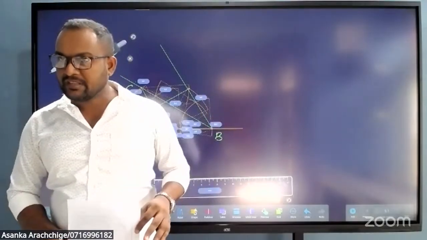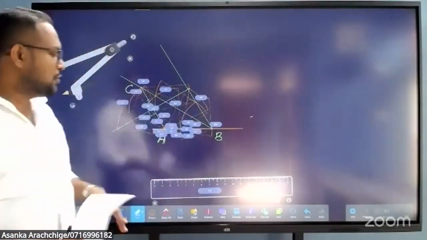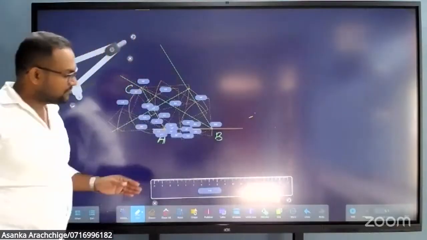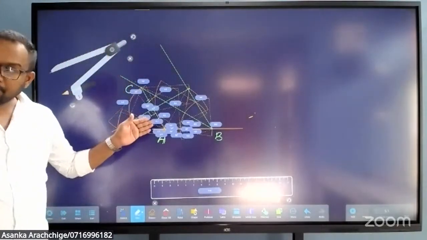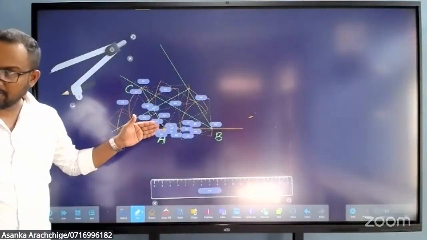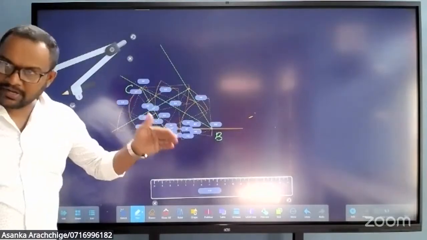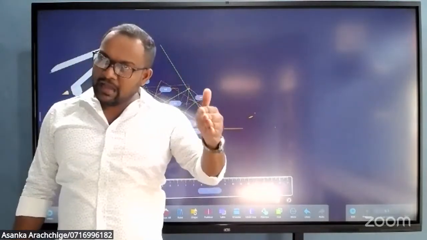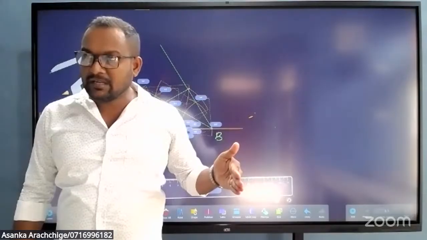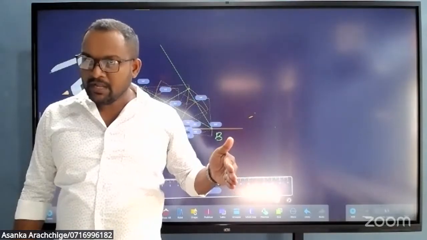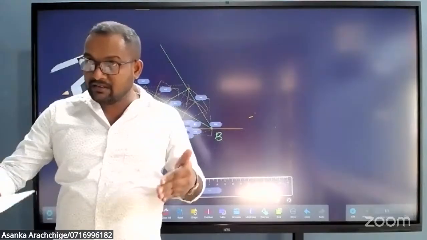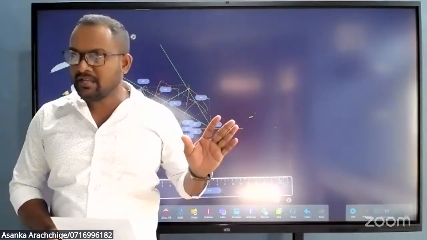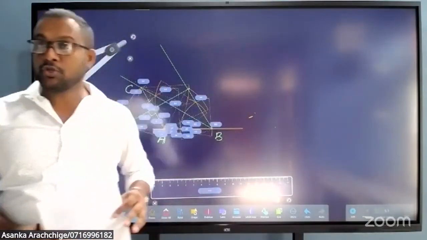Here I am going to use the theorem that if a pair of alternate angles formed when 2 lines are intersected by a transversal are equal, the 2 lines must be parallel. That is the theorem I am going to use right now.